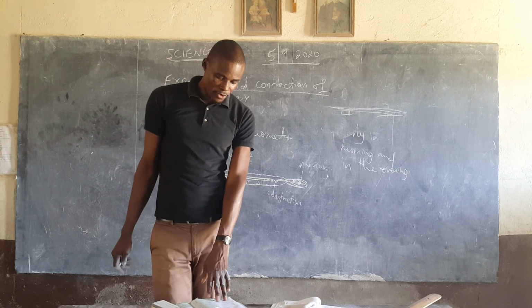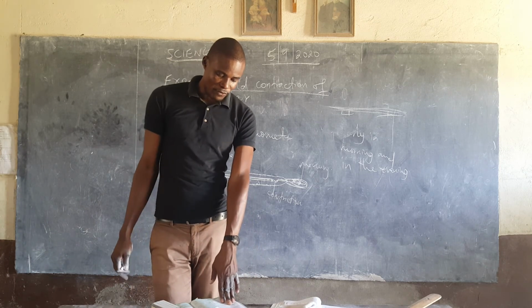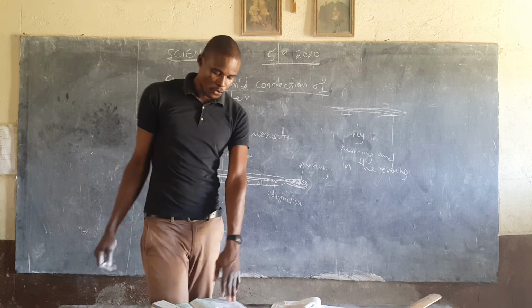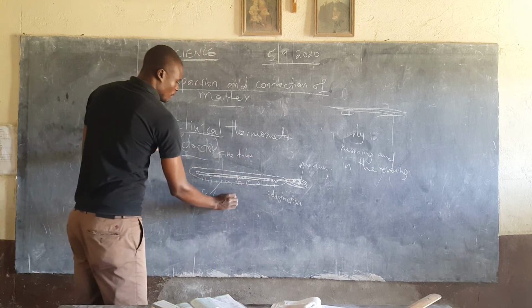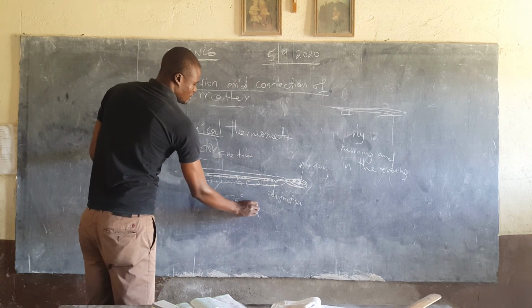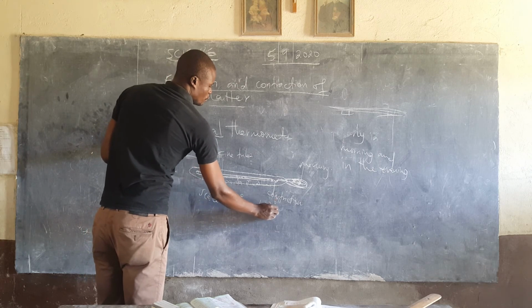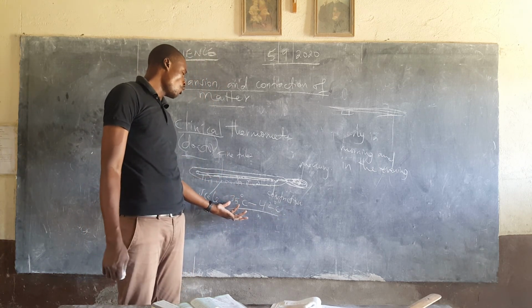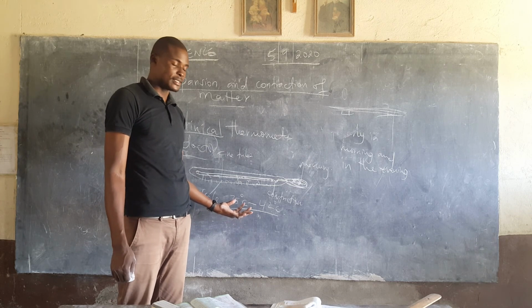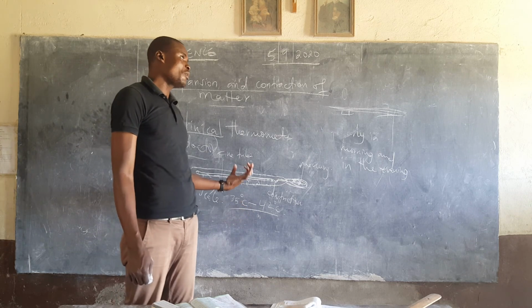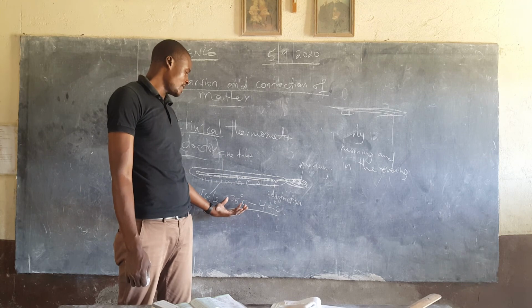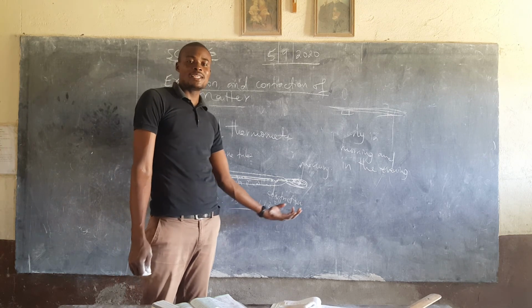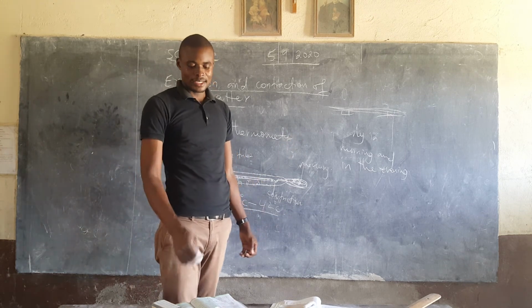So the scale of the clinical thermometer runs from 35 degrees Celsius to 42 degrees Celsius. Meaning don't expect a human body to go below 35 degrees Celsius. If it goes up to 42, it's so high, then you are sick.